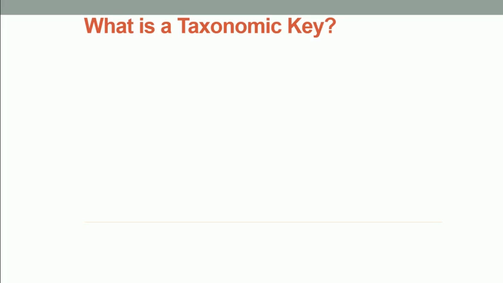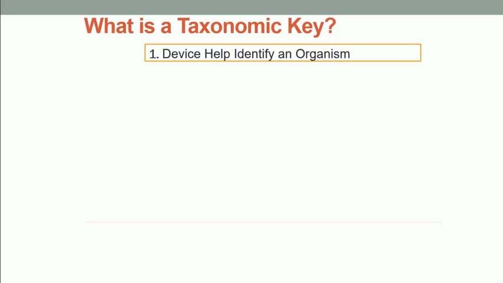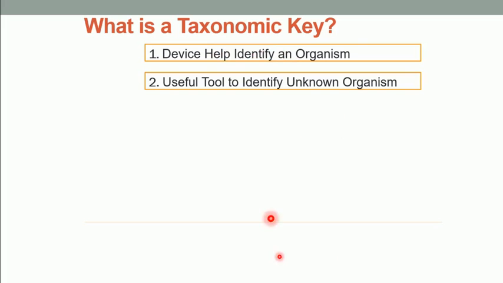So let's first get acquainted with what is meant by a taxonomic key. As the name suggests, it is a key that is used to identify any organism. Secondly, it is a very useful tool to identify unknown organisms.